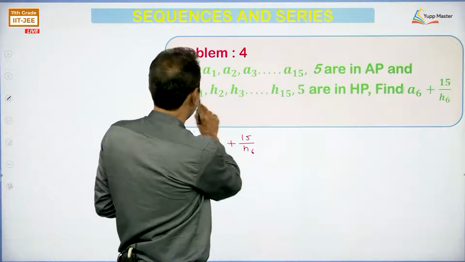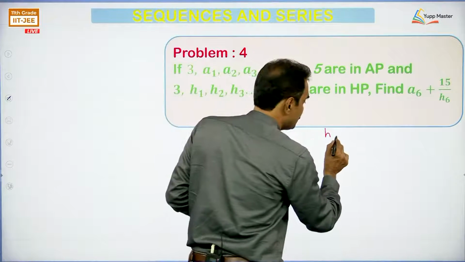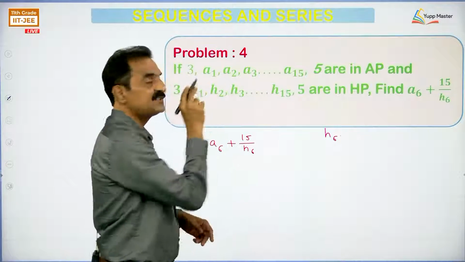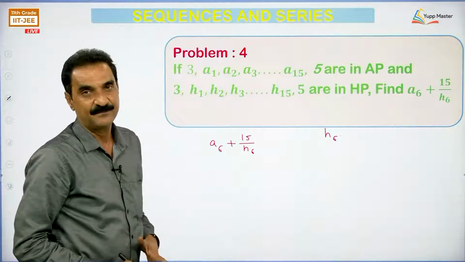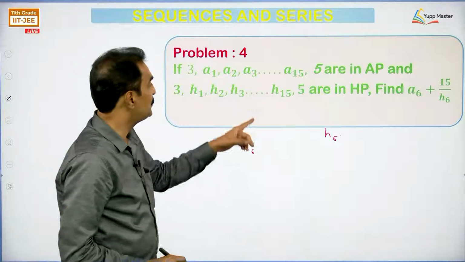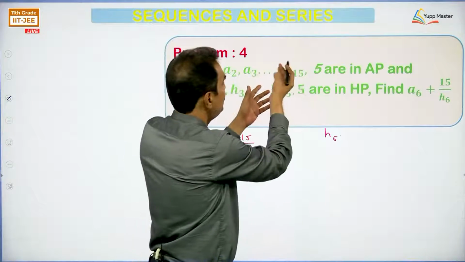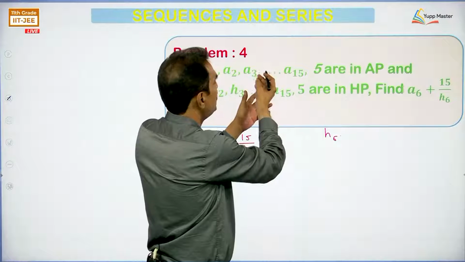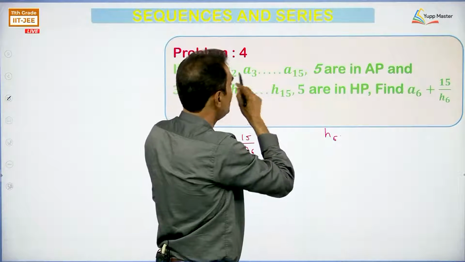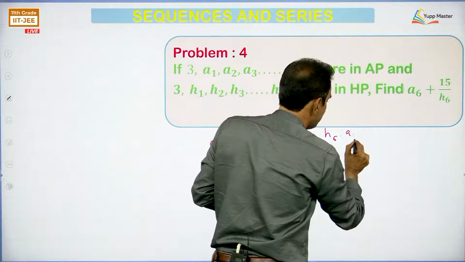If you take H6, it is the 6th HM from left into the 6th AM from right. What is it? A15, 14, 13, 12, 11, the 6th AM from right is A10.